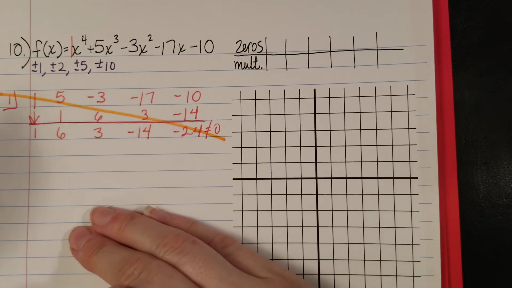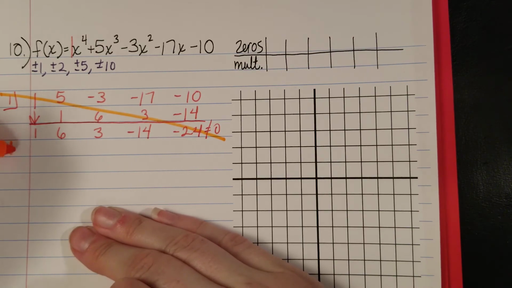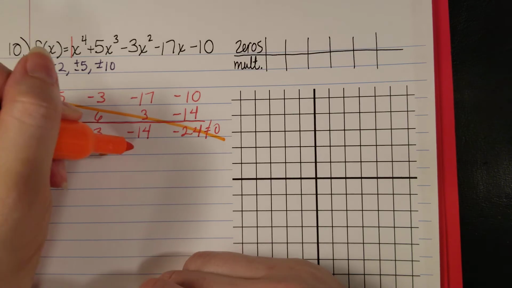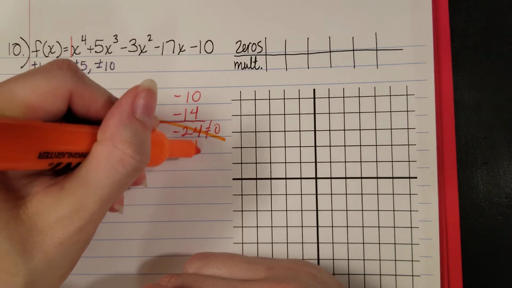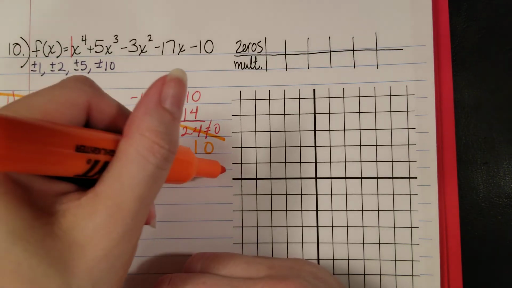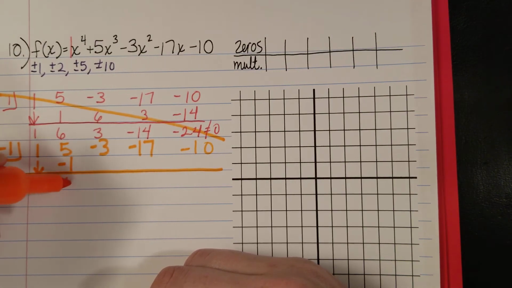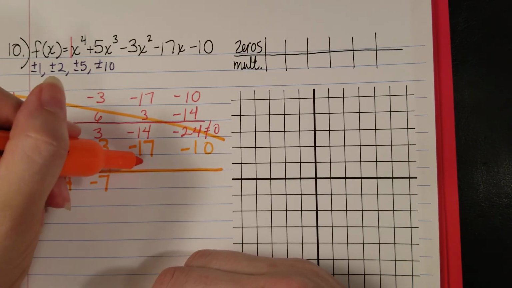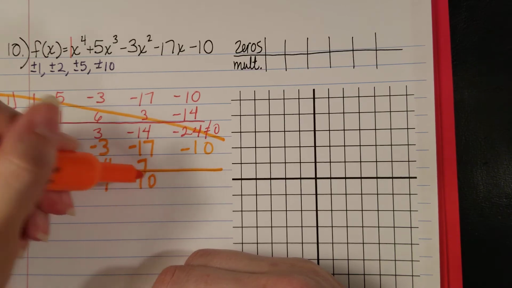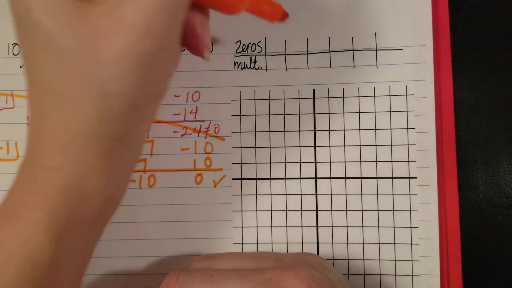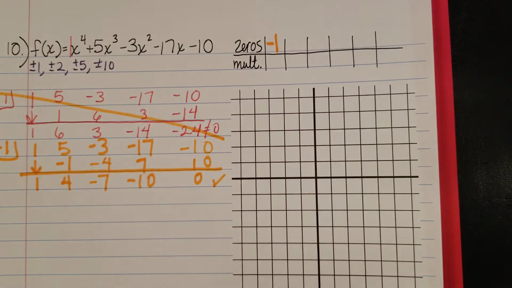Next, you're going to put negative 1 in the box. 1, 5, negative 3, negative 17, negative 10. All right, 1, negative 1, 4, negative 4, negative 7, positive 7, negative 10, positive 10, and 0. So now I know negative 1 is a 0.